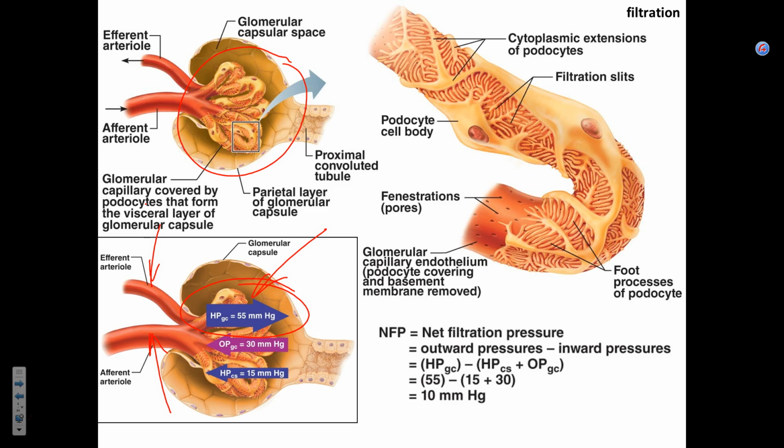So basically it means that there's a lot of blood that flows into those capillaries, and it's harder for it to leave, so pressure in the capillaries is high. Okay. Normally, this parameter, hydrostatic pressure in the Bowman's capsule, is fairly standard, so we're not going to disregard it, don't get me wrong.